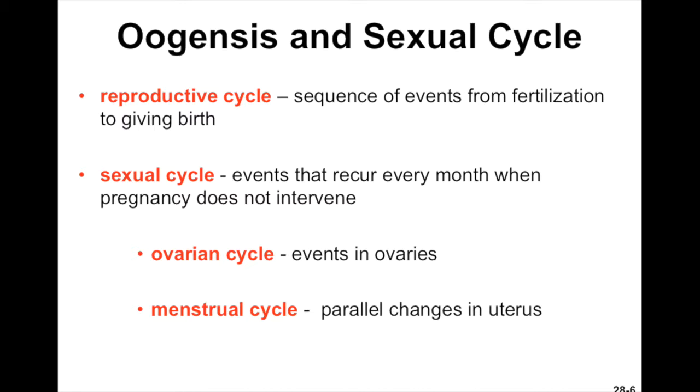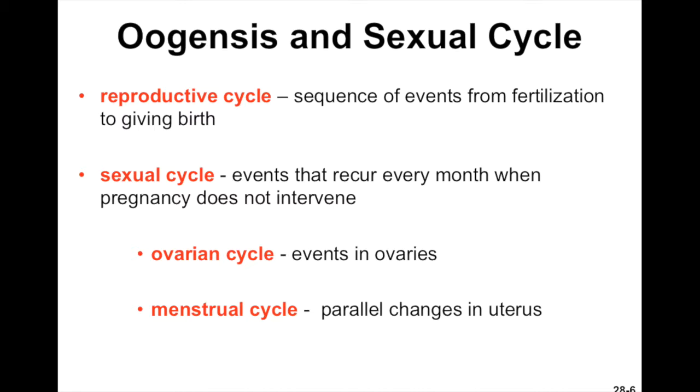Now, the sexual cycle is what more people are familiar with, and this is basically your ovulation and menstruation. So the sexual cycle is the events that occur every month when you don't get pregnant. If you don't get pregnant, you're going to go through your regular cycle, and that includes your ovarian cycle, so things that are going on in the ovaries, and then your menstrual cycle, basically things that are going on in the uterus.